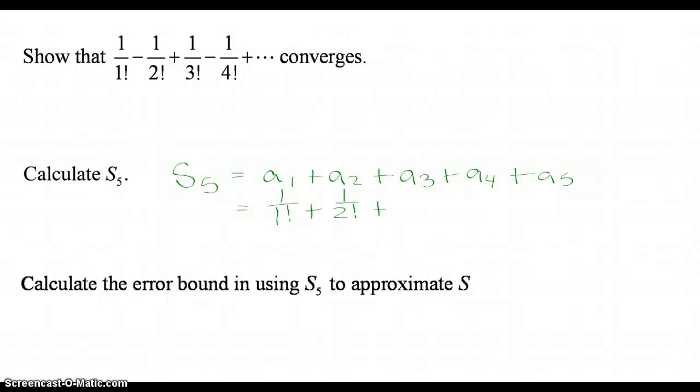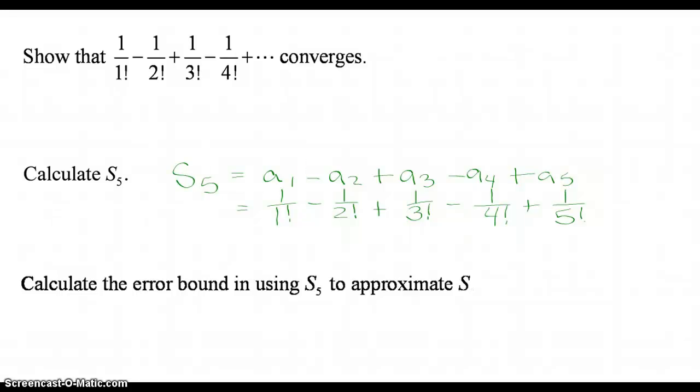Second term is 1 over 2 factorial. But it's a minus. I've got to watch this as an alternating series. Careful. Minus 1 over 2 factorial plus 1 over 3 factorial minus the fourth term, 1 over 4 factorial, and plus the fifth term.